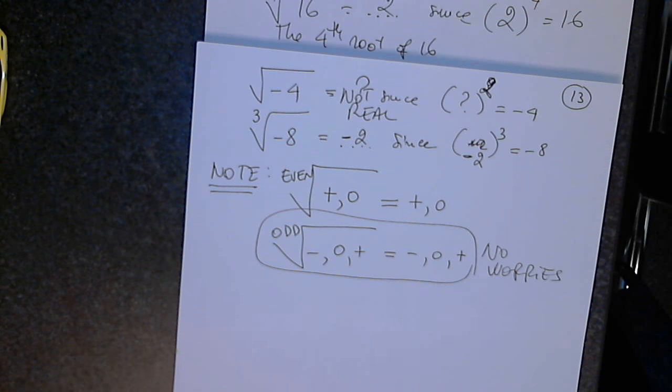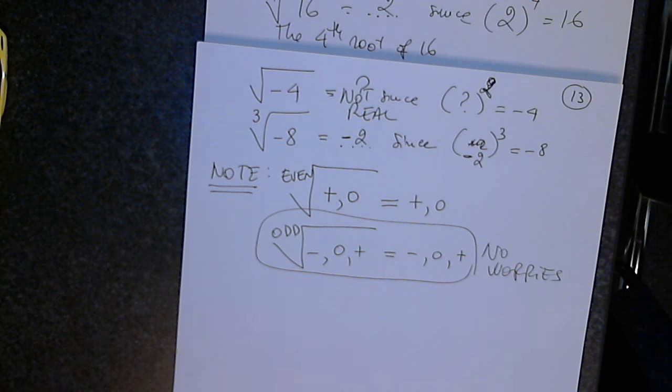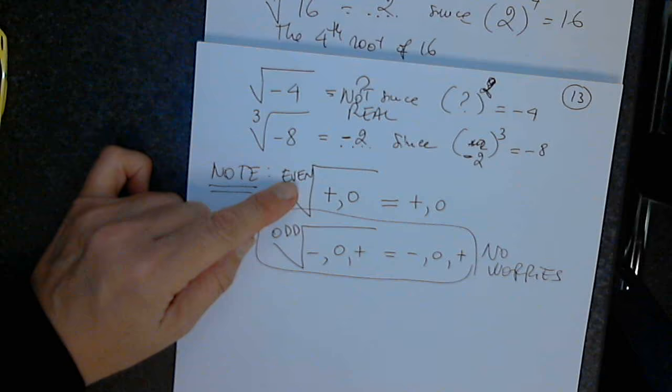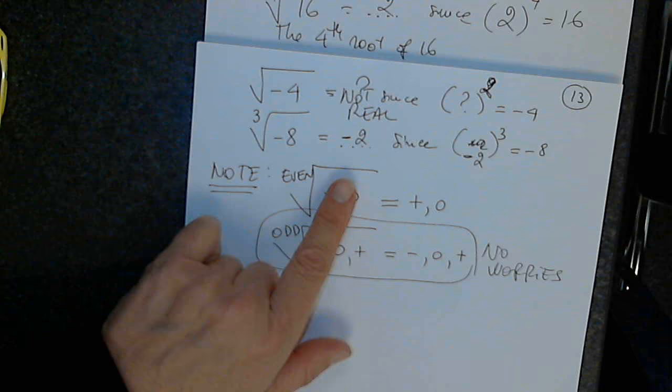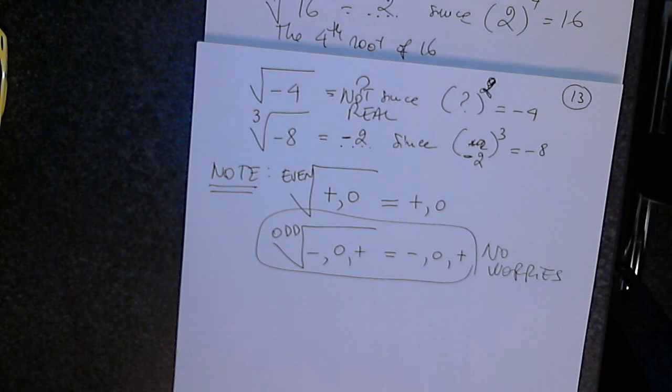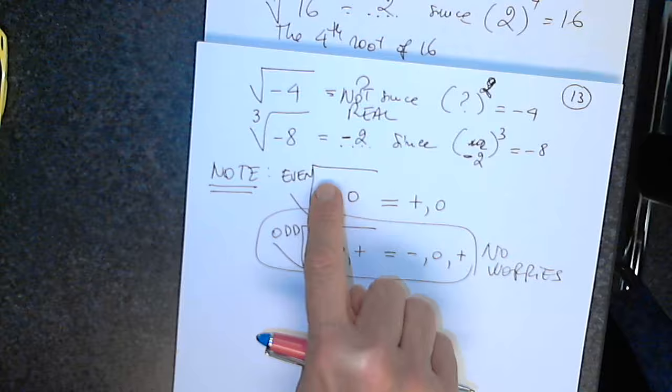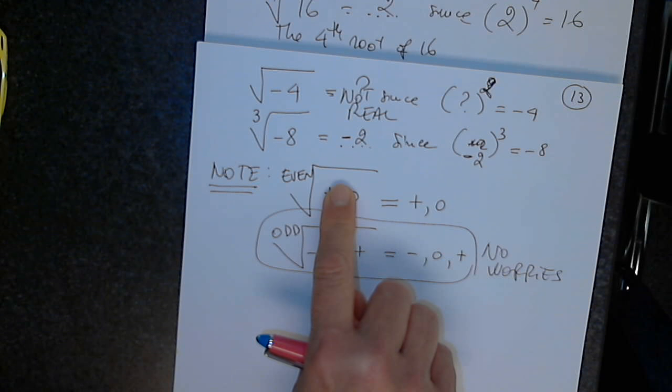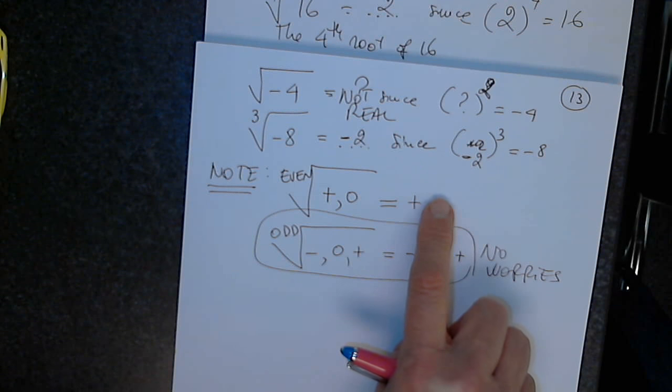The first one is tricky. Every time the index is even, I have to make sure that two things happen. One, first, the quantity under that even root is positive or 0. And I have to make sure that the answer is always positive or 0.